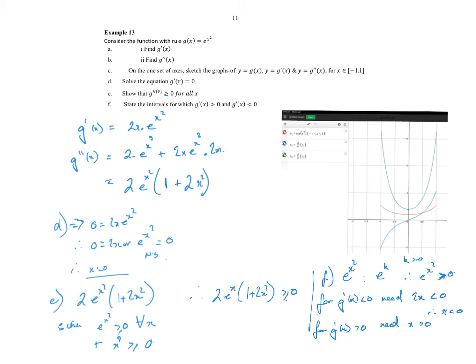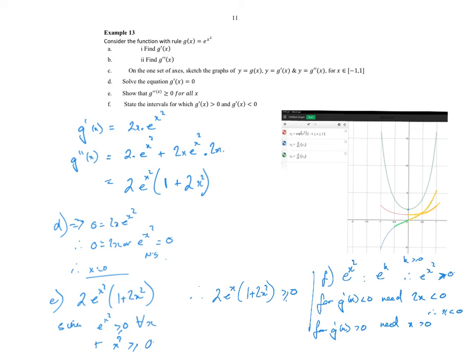If you come up on the graph, the red line is my original function. So the gradient of the function is positive through there, which is what the blue line tells us. Yeah, the gradient is greater than 0.